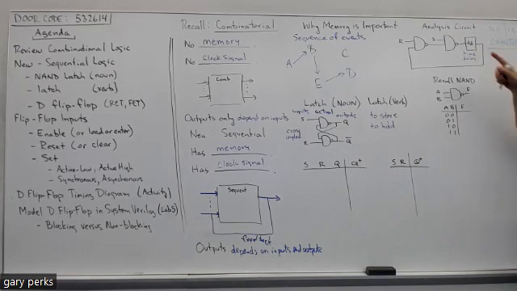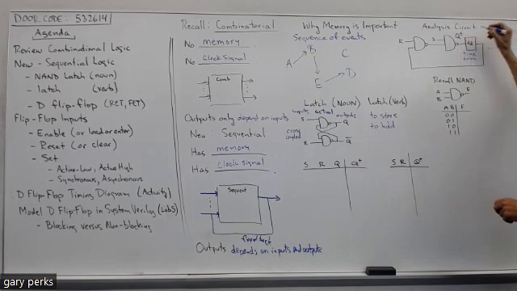Now, at the output side of this NAND gate, that's where our Q plus is, and on this side of that time delay block is where Q is.